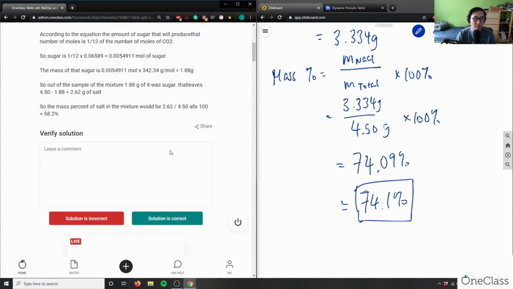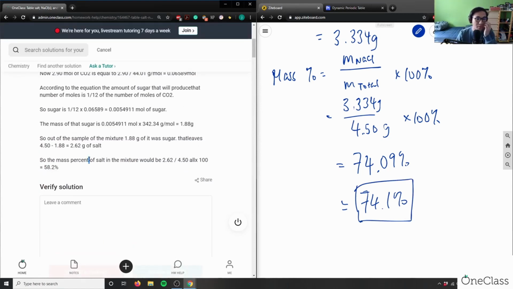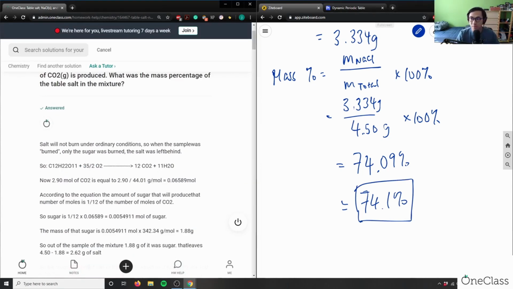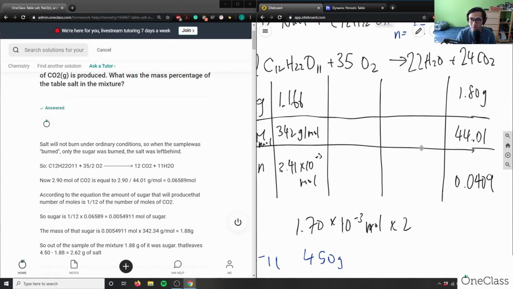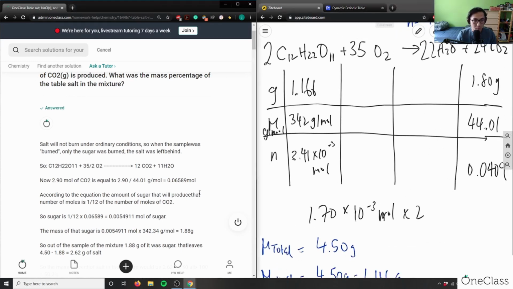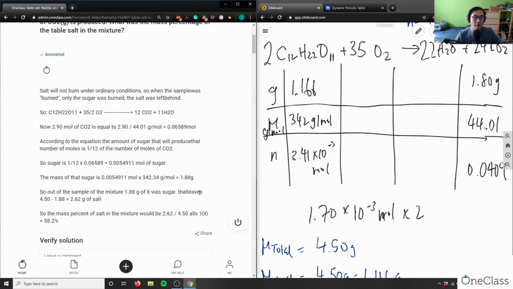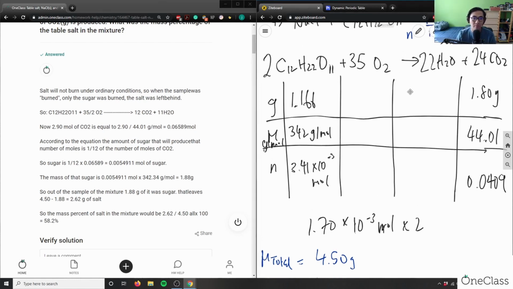So let me just scroll down and see if our answer is correct. So they have 58, which means there's a discrepancy in our answer. So let's look at this problem here. They balanced this, C12H22O11, and they balanced 22 and 24. Okay, that's fine. So I multiplied everything by 2, which is fine.